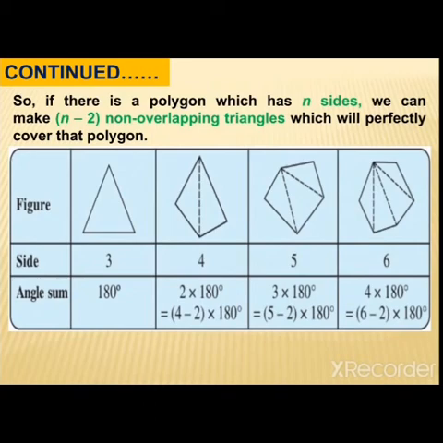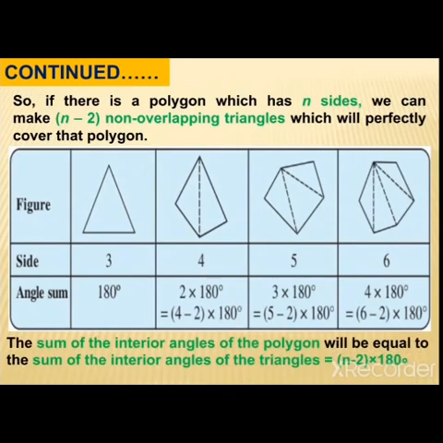So 4 minus 2, it means 2 multiplied by 180 degrees. After that 5 sides, 5 minus 2 multiplied by 180 degrees. Then 6 sides, so 6 minus 2 multiplied by 180 degrees. The sum of the interior angles of the polygon will be equal to the sum of the interior angles of the triangles, equal to (n minus 2) multiplied by 180 degrees.